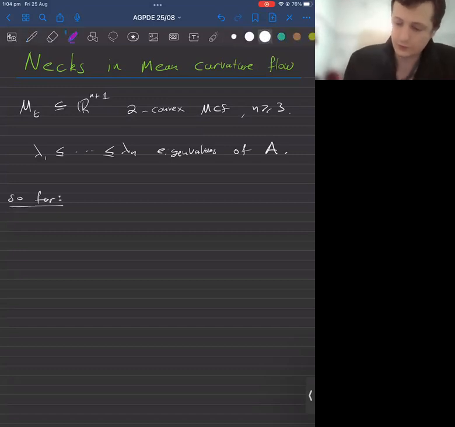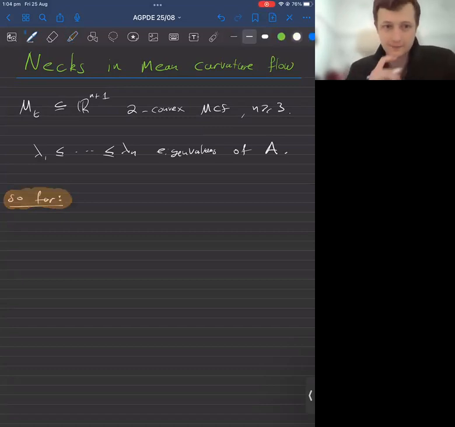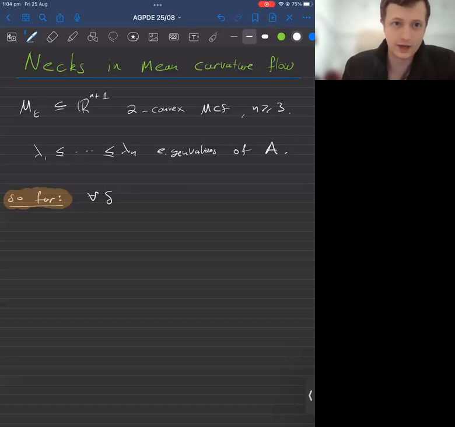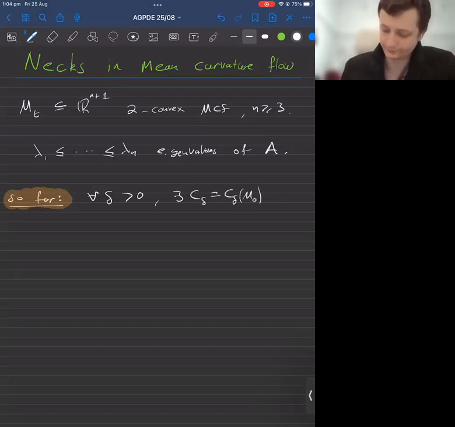There's a few beautiful estimates we've shown that are going to be crucial for us. They take the form: you have some delta greater than 0, then there is some constant depending on delta and the initial hypersurface, such that the following holds. First of all, we get a convexity when we blow up at a point, when the curvature goes large.